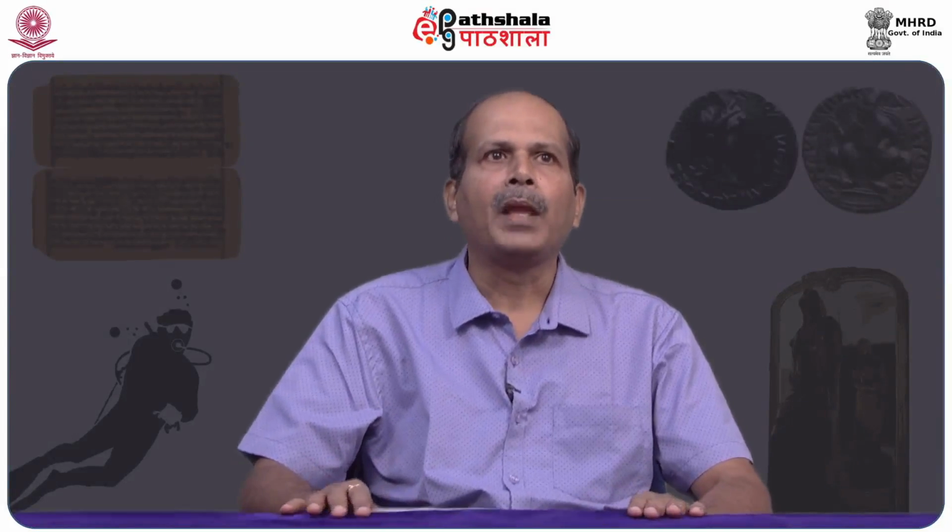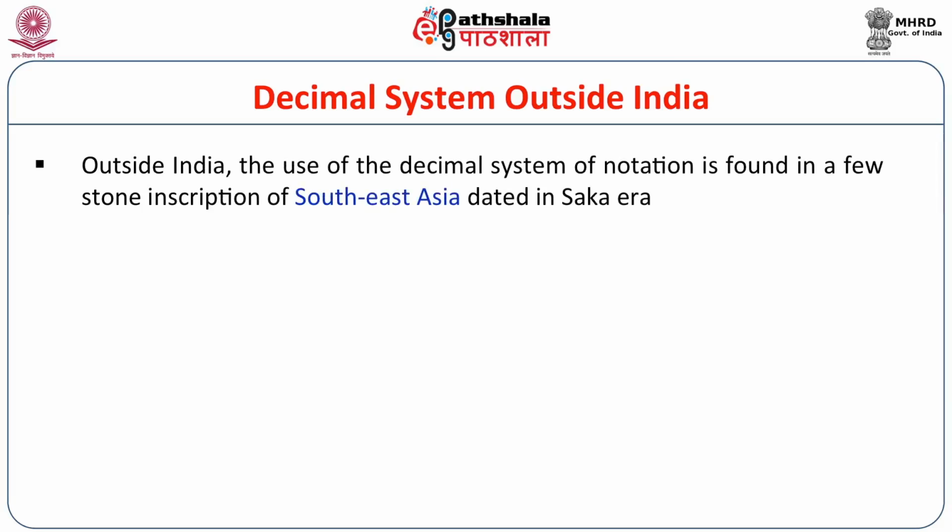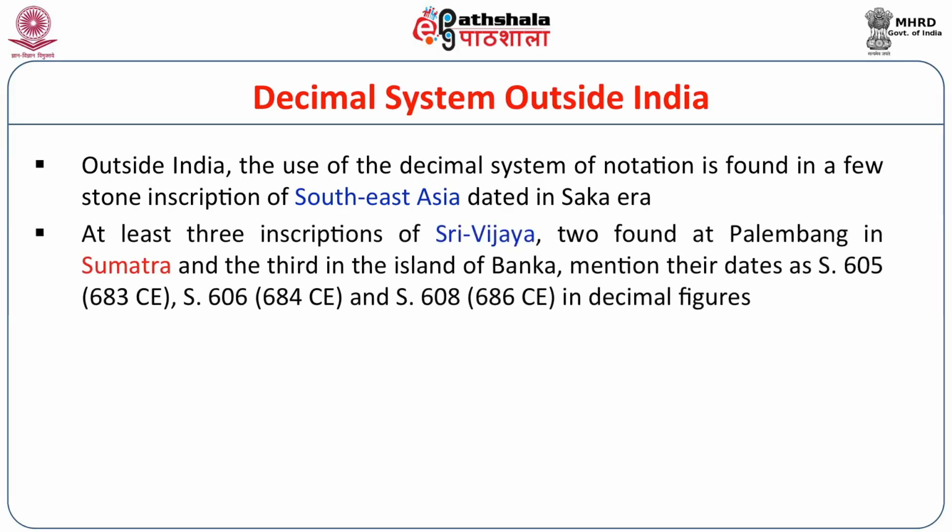Now outside India, this system was also used in some of the stone inscriptions found in Southeast Asia, and most of the dates are mentioned in the Saka era. At least 3 inscriptions of Sri Vijaya, 2 found at Palembang in Sumatra, and the third found on the island of Bangka, mention the dates Saka 605, equivalent to 683 Common Era.